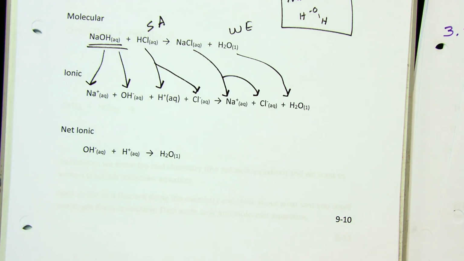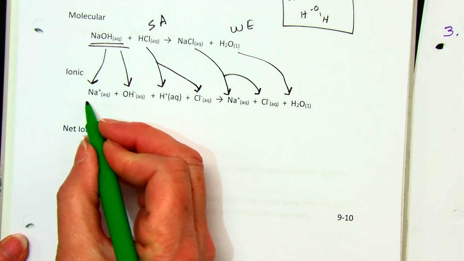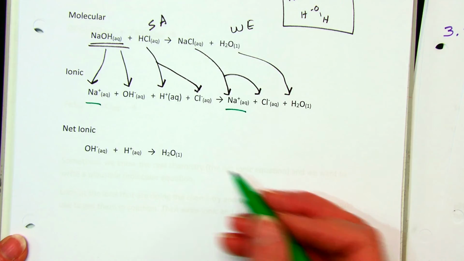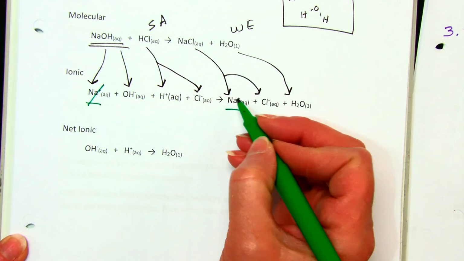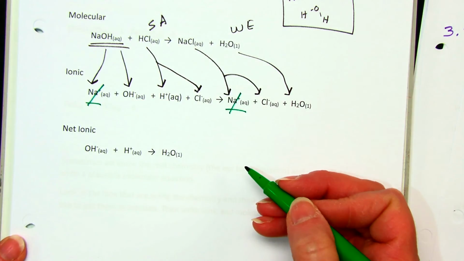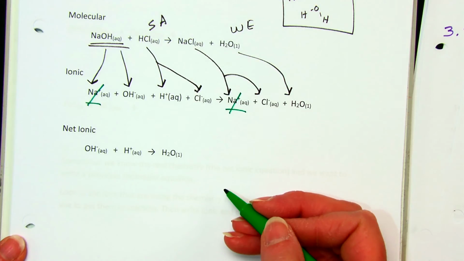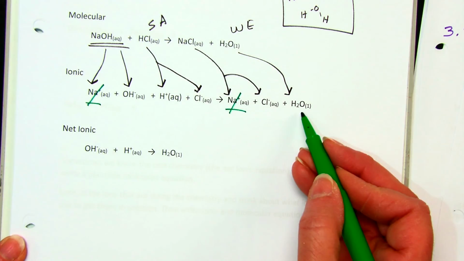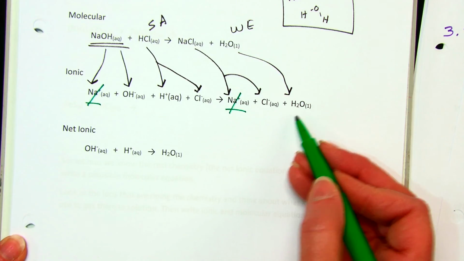Now I look at what's in my beaker, and I see if there's anything that's not doing any chemistry. I have sodium ions to start and sodium ions to end. So the sodium ions cancel. They didn't do any real chemistry. They are spectator ions. I have a hydroxide here, but no hydroxide over here. It's hooked in water.